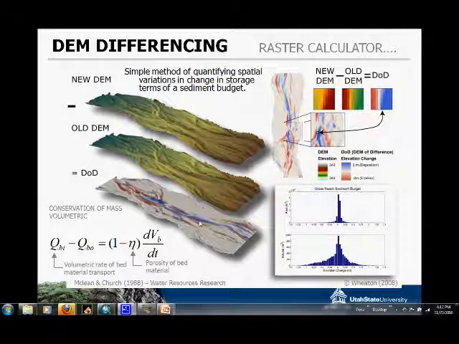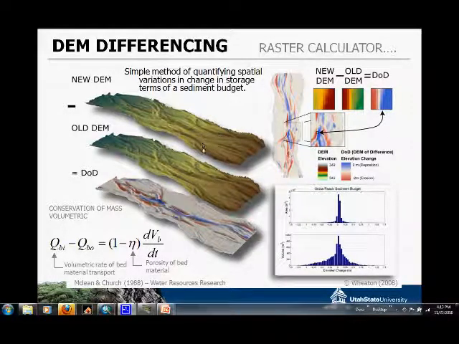If we want to do a sediment budget for a reach, it's basically a statement of conservation of mass. We want to look at how much volume of sediment, say, is coming into a reach at the top here, how much volume of sediment is leaving the reach, and then how much change, which is this term here, took place in the reach over the same time period.